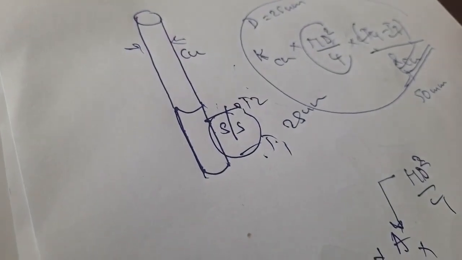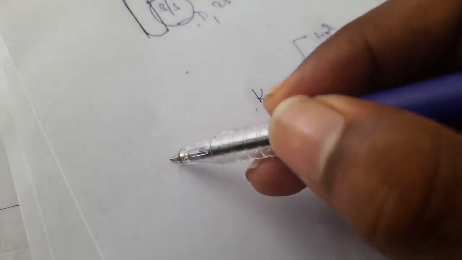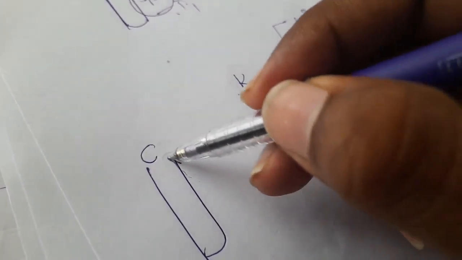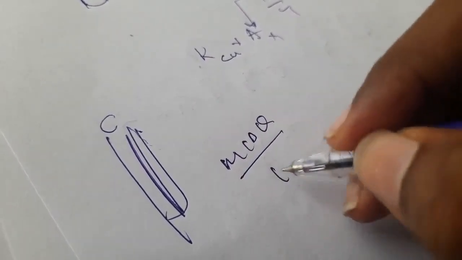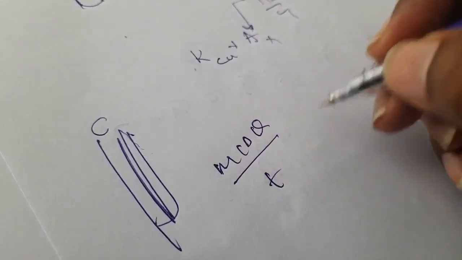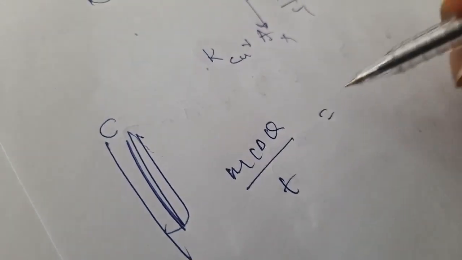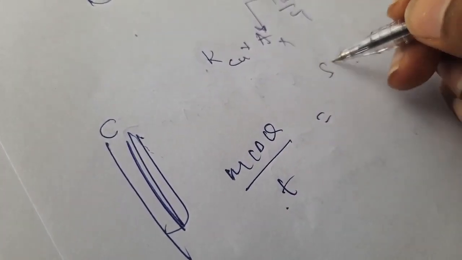You got it. What is the next thing? The next thing is also the same, because the entire heat that is passing through the combined material is absorbed by the cooling water system. That is given by the equation m c delta theta divided by time that we apply for the cooling water. Now you are going to equate this with the Fourier equation for the stainless steel material.